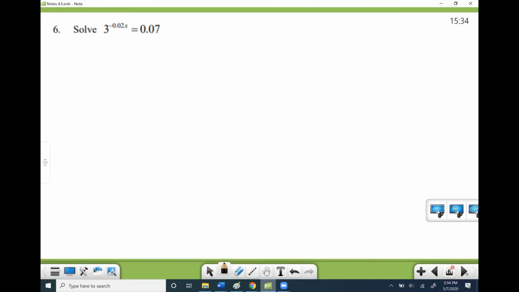Okay, so step 1, isolate the exponential, right? Well, that's already done. The 3 to the x part is already by itself. So step 2, natural log both sides.